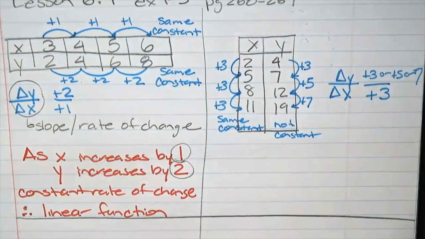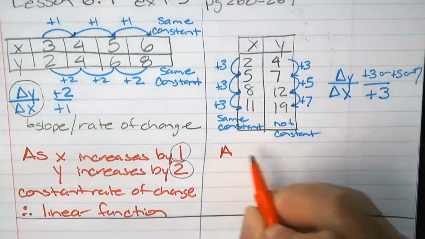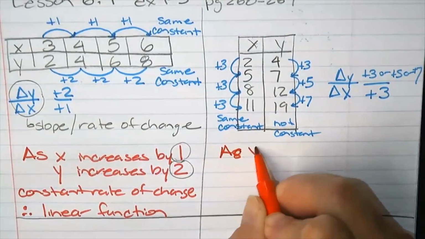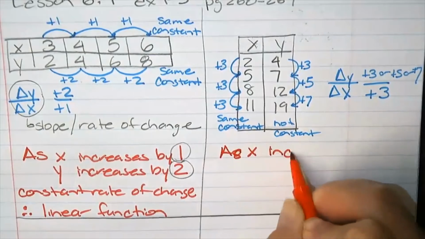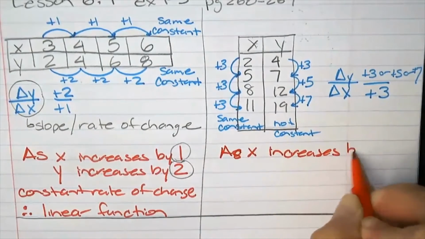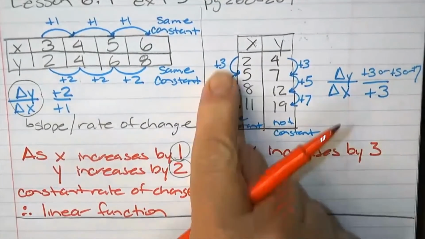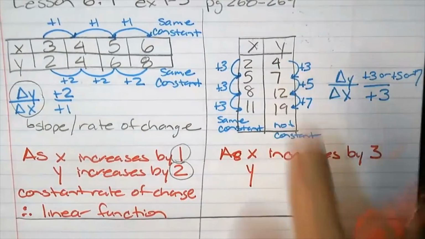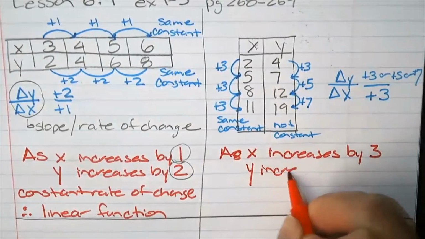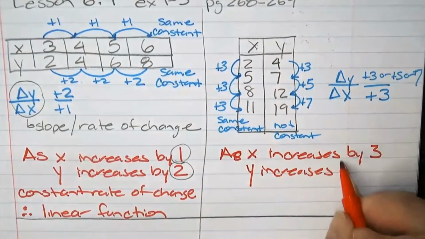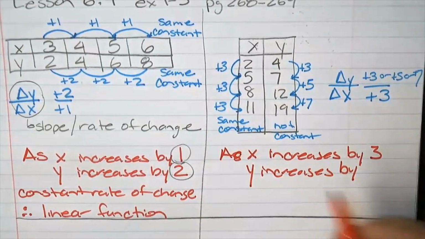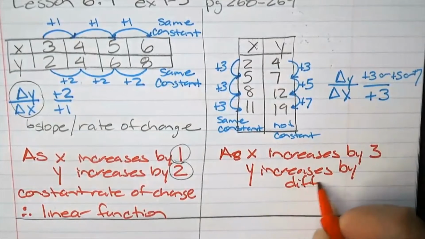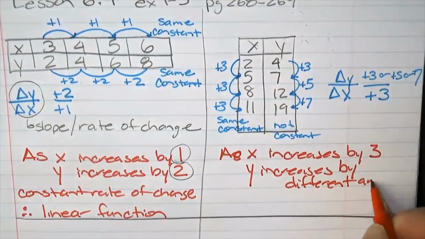So let's take a look at that. As x increases by 3, because that is constant, y increases by different amounts.